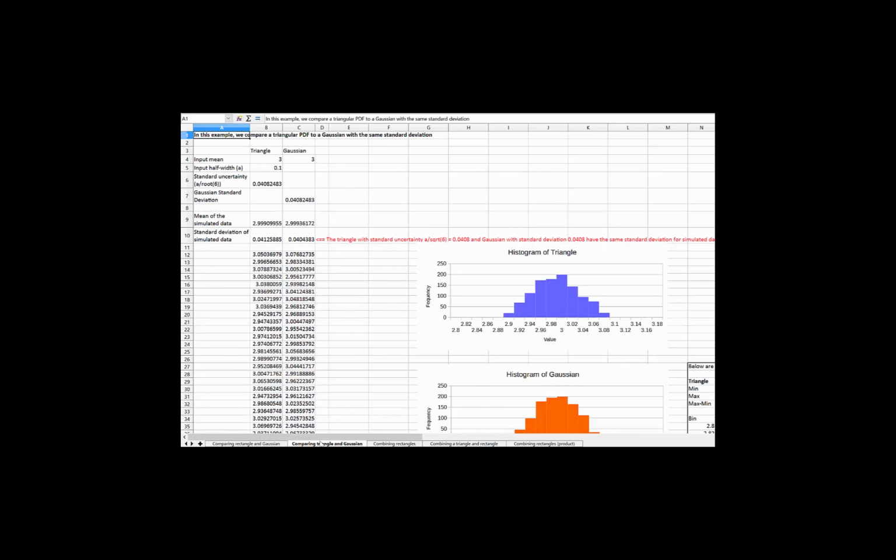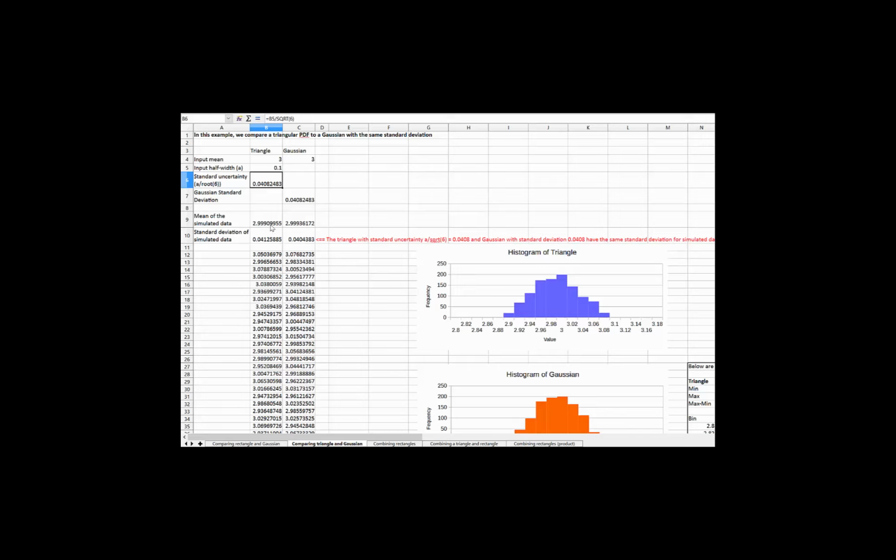Okay, moving on to a triangle, and the Gaussian would do the very same sort of thing. The triangle is going to have an input mean of 3 and a half width of 0.1, which means the standard uncertainty for the triangle is going to be 0.1 divided by the square root of 6.